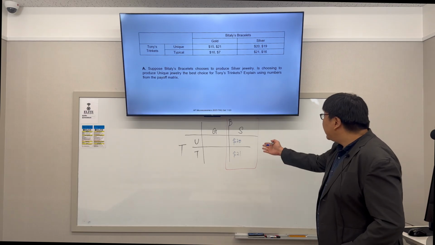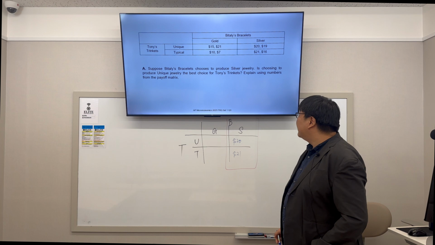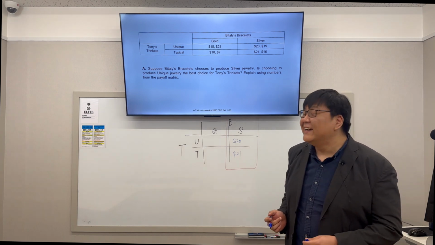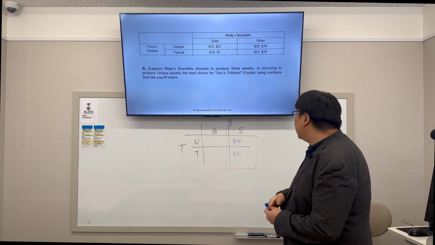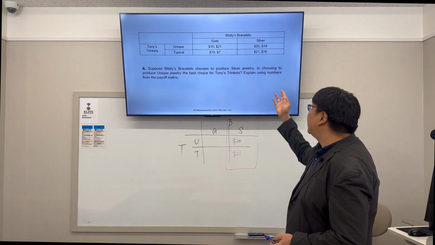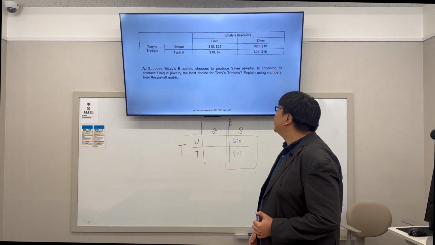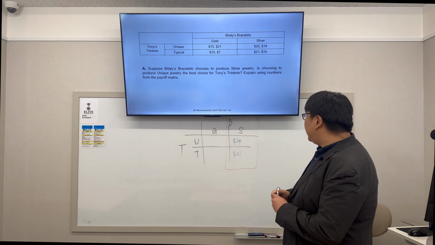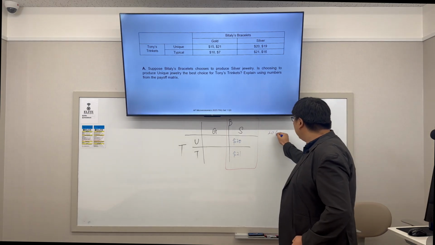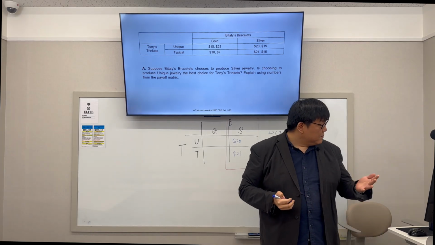So it is apparent that for Tony, choosing to produce unique jewelry is not the optimal choice. The optimal choice is to produce typical jewelry against Beetle's strategy to produce silver. Using the numbers from the payoff matrix, 21 is greater than 20, so the answer is no.